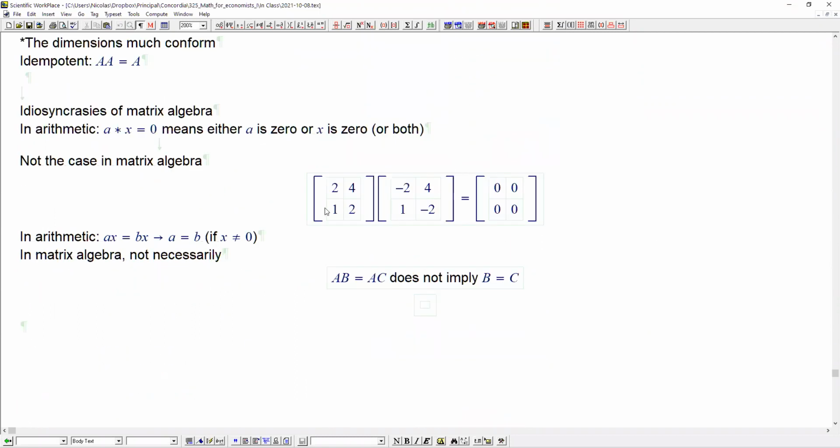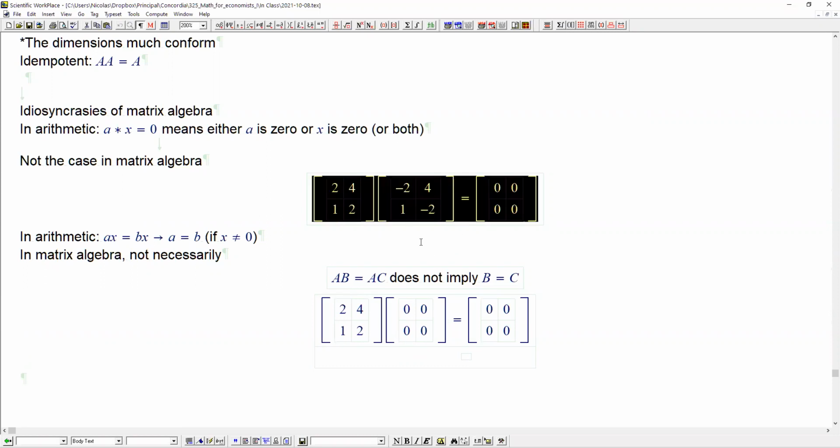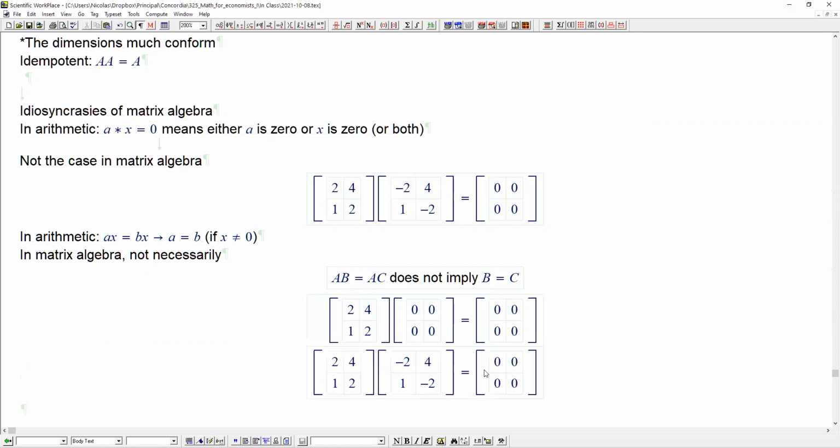So here's one. This times the zero matrix equals the zero matrix, because I just multiply everything by zero, and I see that this equals this as well.